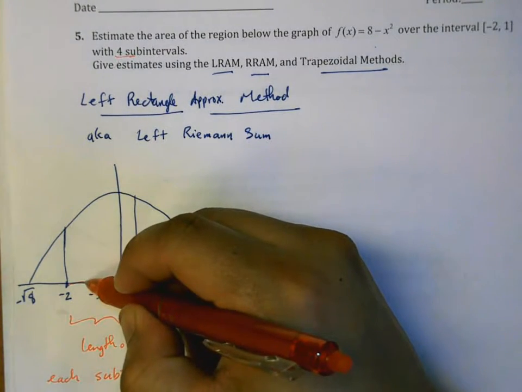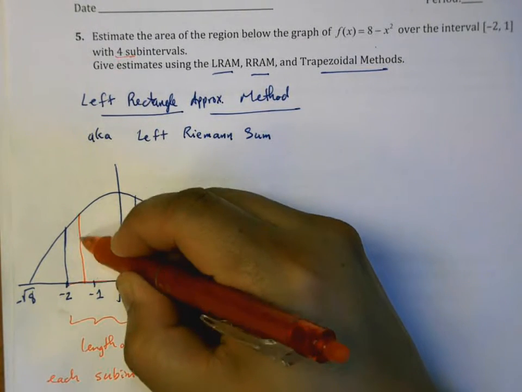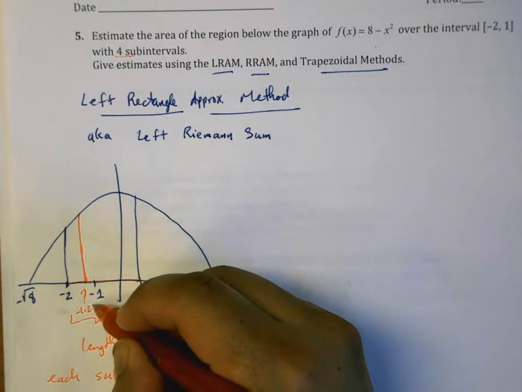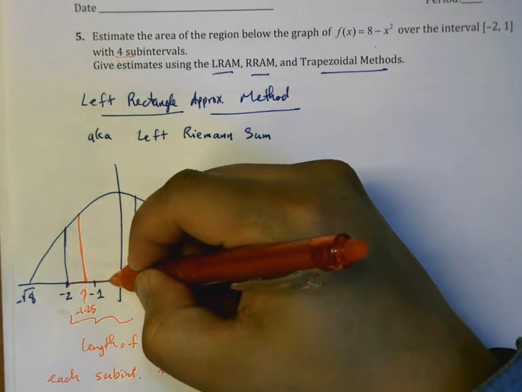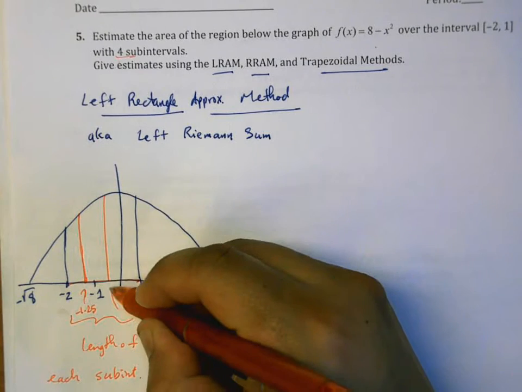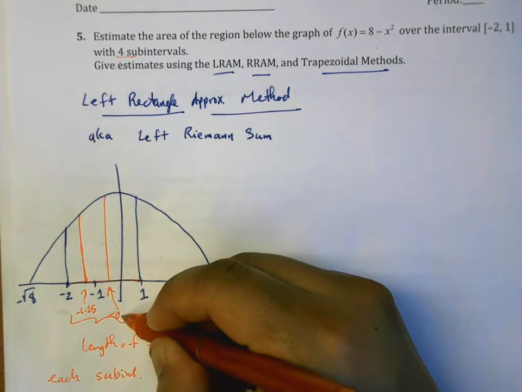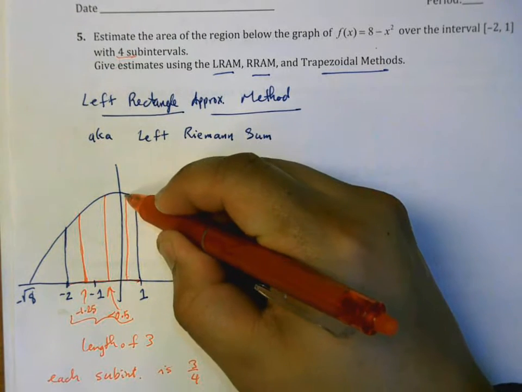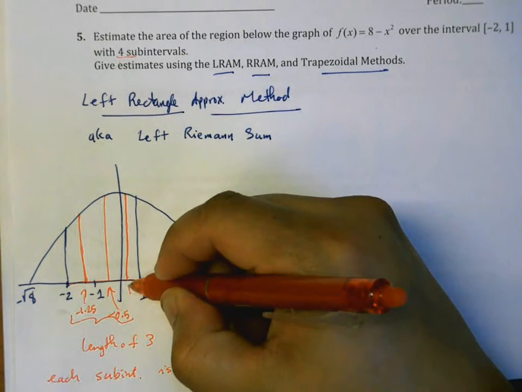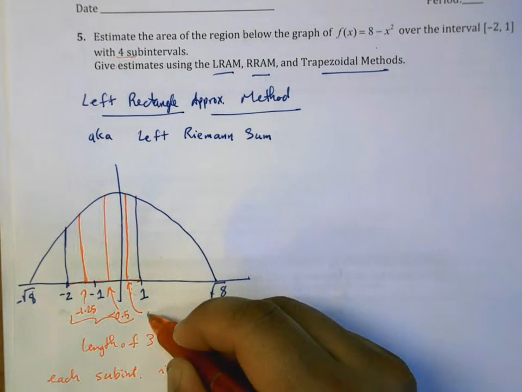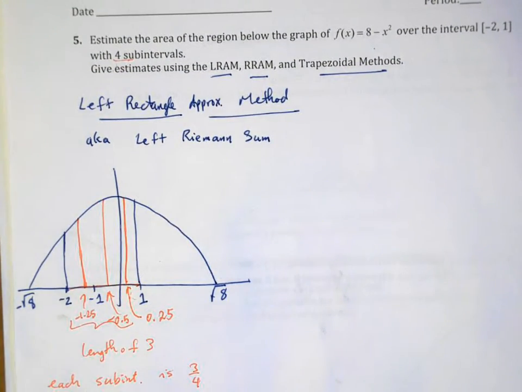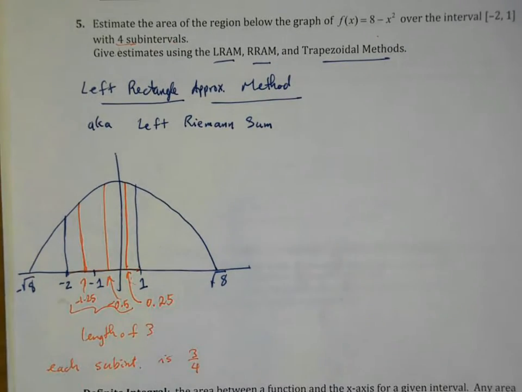That means the points that we're concerned with are negative 2, negative 1.25, then negative 0.5, and then 0.25. And I realize I am not drawing this to scale at all, but hopefully you are still able to follow the overall concepts. Okay.